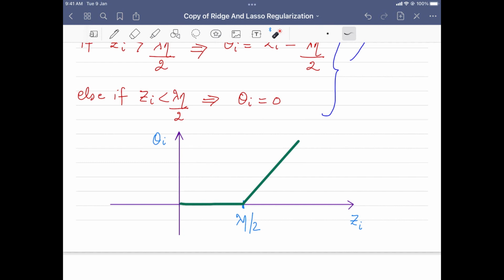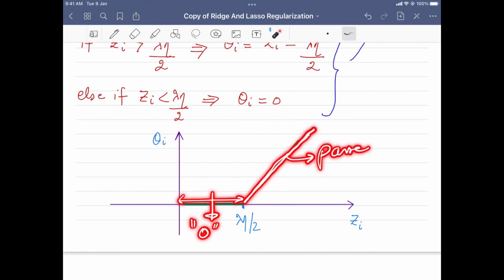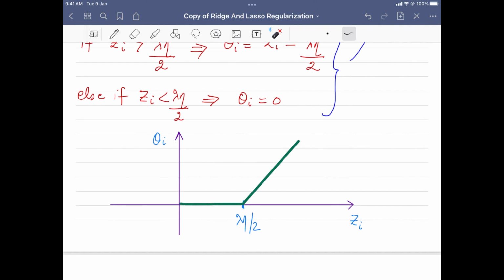So lasso regression is actually helping us in achieving that. As you can see, for this range, your features are all suppressed to 0, whereas in this case, your features are passed. So you are selectively passing some of the features and rejecting other features because this is 0 here.